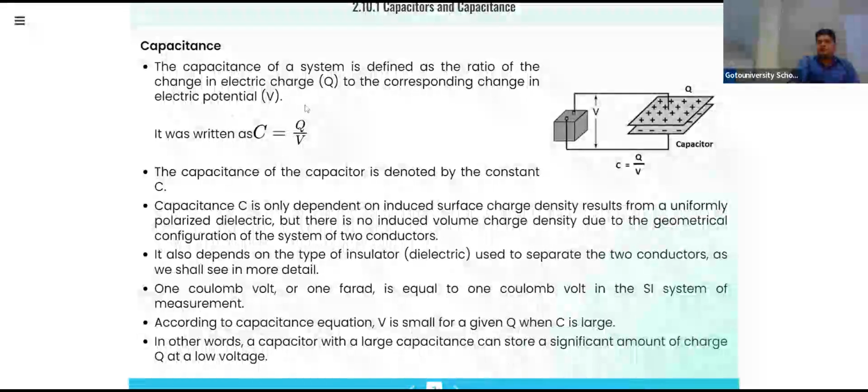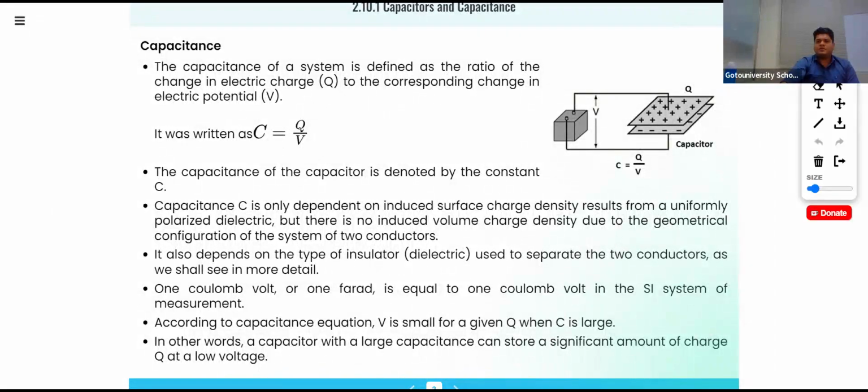We have already discussed the formula. Still, we'll see what's there in the theory. The capacitance of a system is defined as the ratio of charge to electrical potential. So capacitance is given by charge over potential.